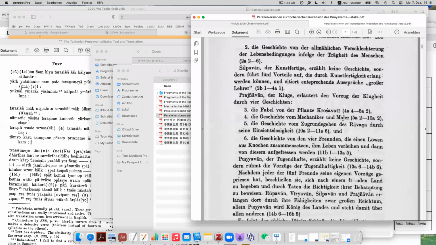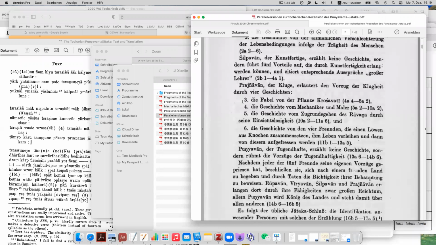He felt humiliated, and then he drew a painting of himself hanging on the wall. Again the mechanic was fooled by the painter. So this is basically the story. It's very detailed. And then this is the 4th story. The third story is about the plant called Kroshavati.